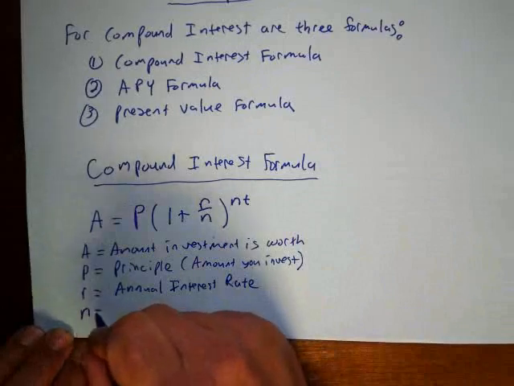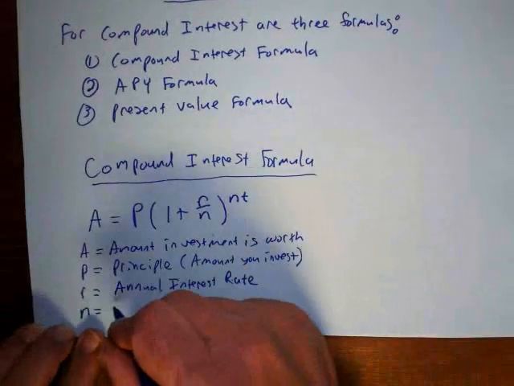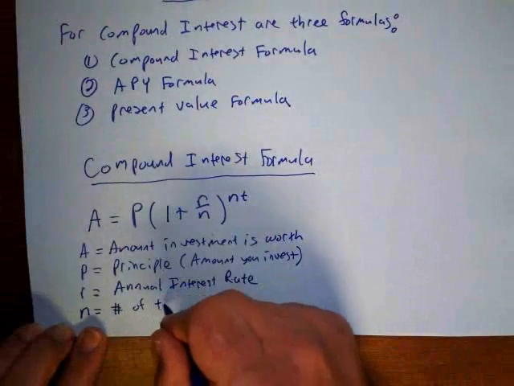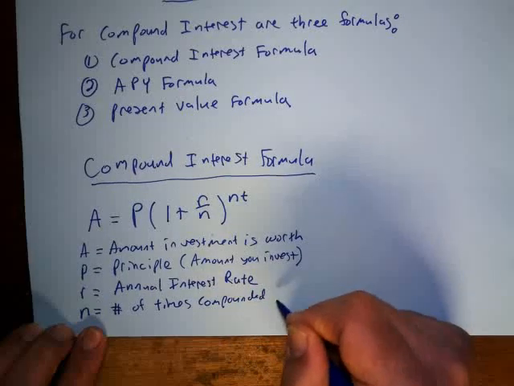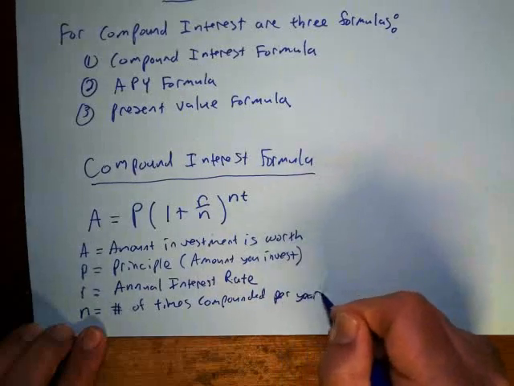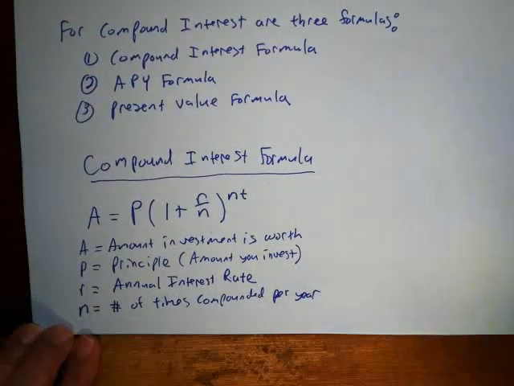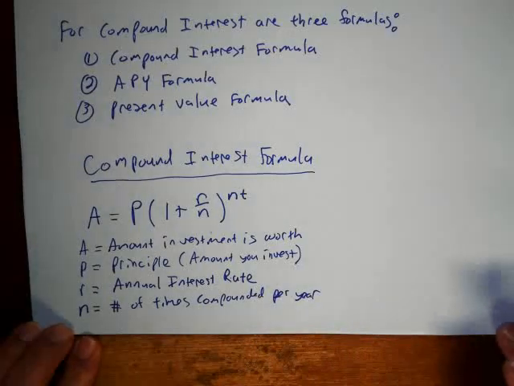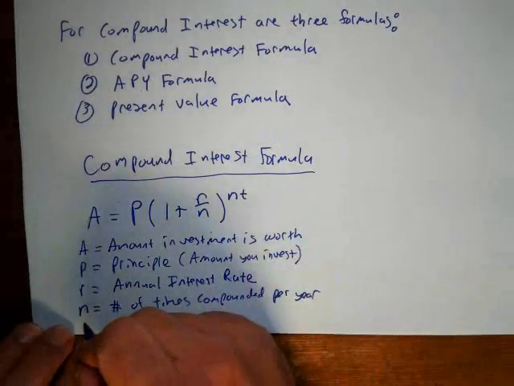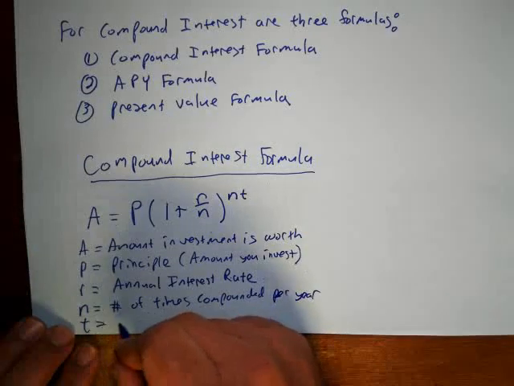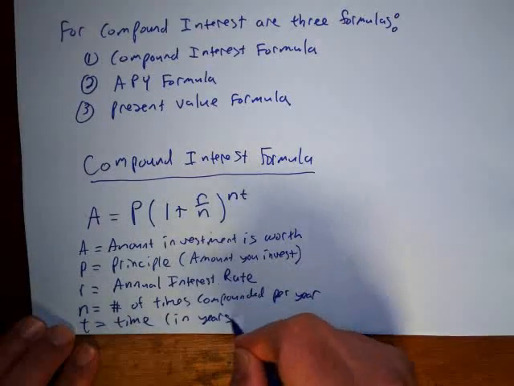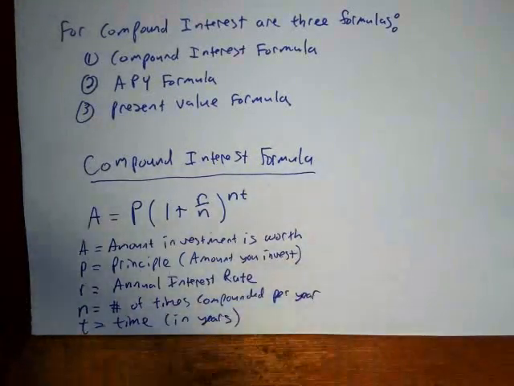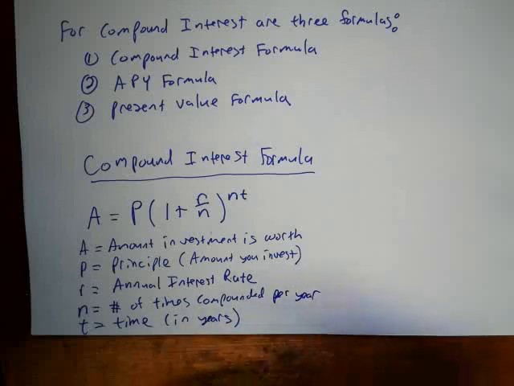N, which we'll talk about a little more in a second, is the number of times compounded per year. When it's compounded quarterly, you're compounding it 4 times a year, so in that case, N would be 4. And then T is the time, and it'll always be in years. In other words, you always have to convert the time into years, like you do with the simple interest formula.